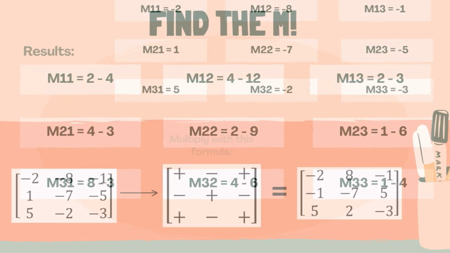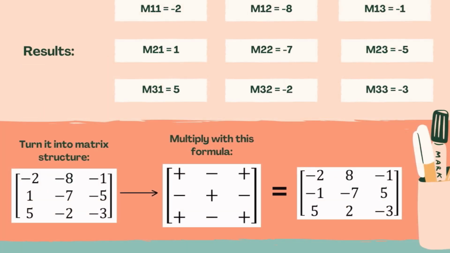Here are the results that I counted. After you get the result, you have to insert it into matrix structure, like this in the example that I put. And then you will have to multiply it with another formula, which is this formula.